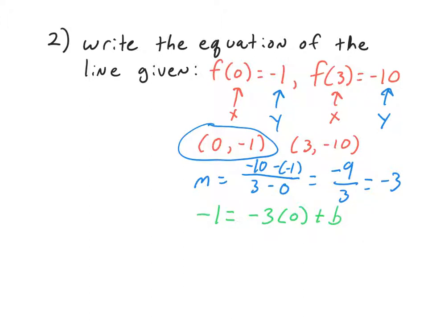So this is going to cancel, and we'll get negative 1 is equal to b. Then we put all that into our slope-intercept form. We'll get y equals negative 3x minus 1.